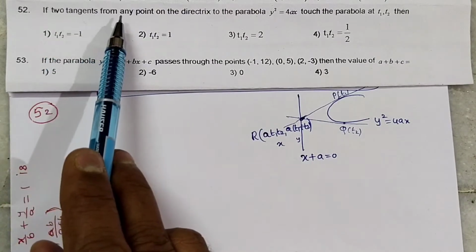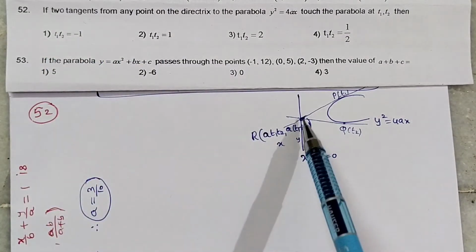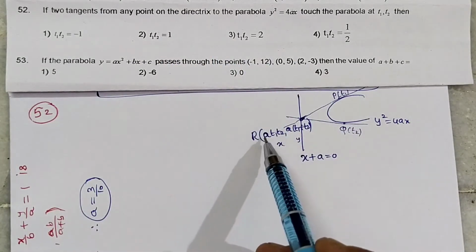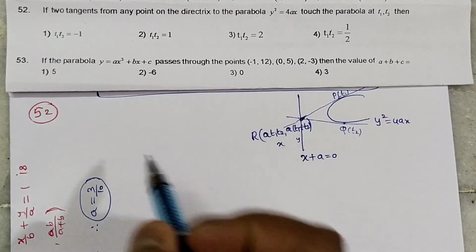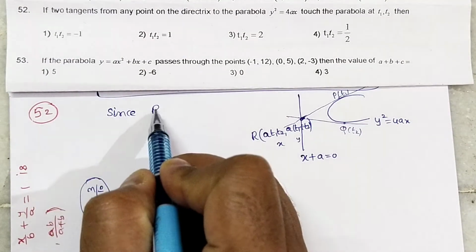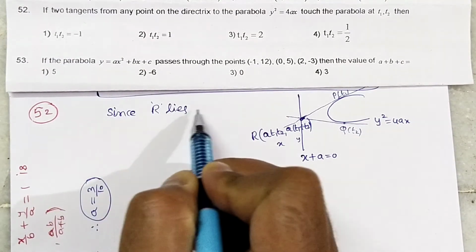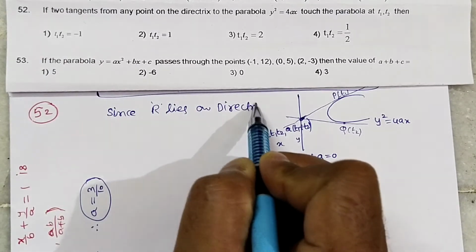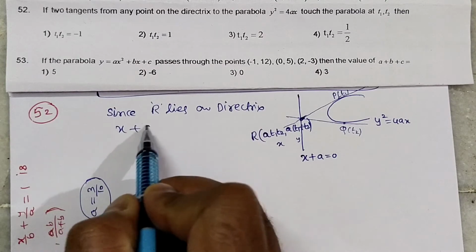Two tangents from any point, that means the point of intersection of two tangents lies on the directrix, x plus a equal to 0. Since R lies on the directrix equation, x plus a equal to 0.